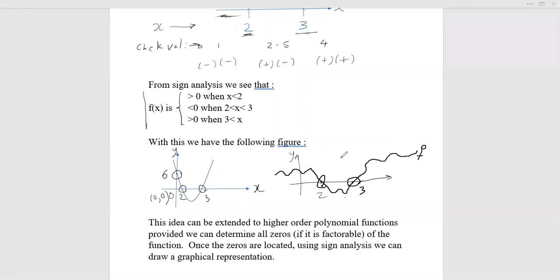This idea can be extended to higher order polynomial functions, provided we can determine all zeros. If it is factorable, it is easy. Once the zeros are located using sign analysis, we can draw a graphical representation. This is really not the graph.